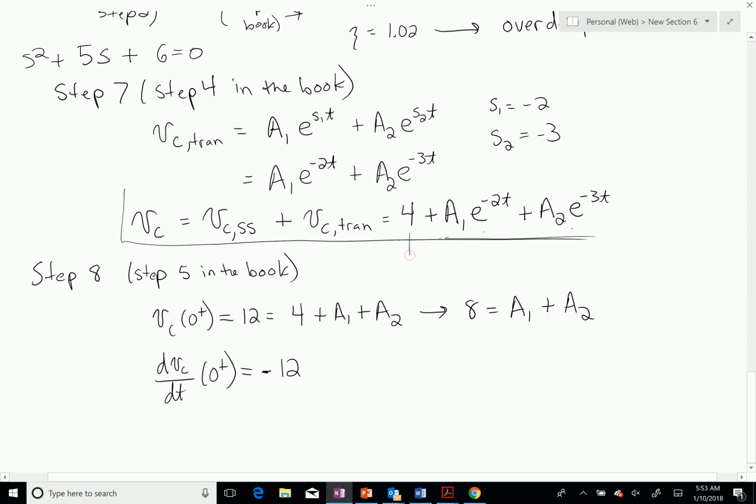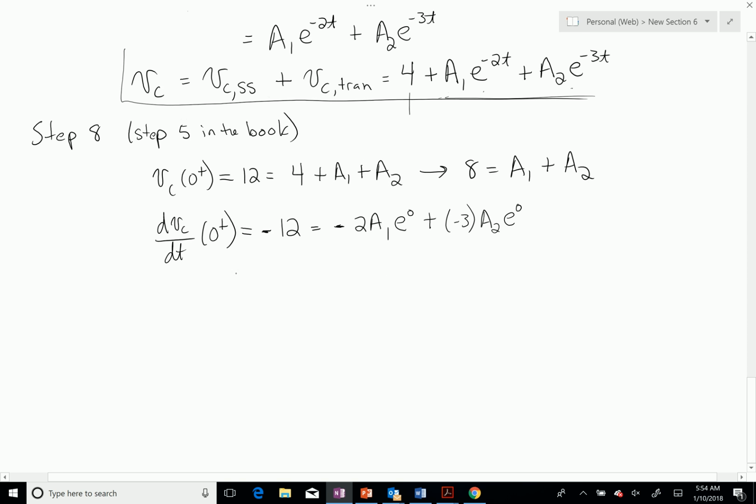The derivative of a constant is 0, so the first term gives me 0, and then for the other terms I get minus 2A1 e to the 0 plus minus 3A2 times e to the 0.